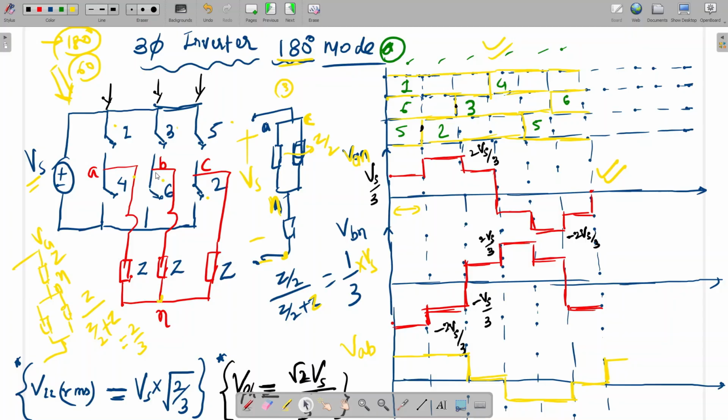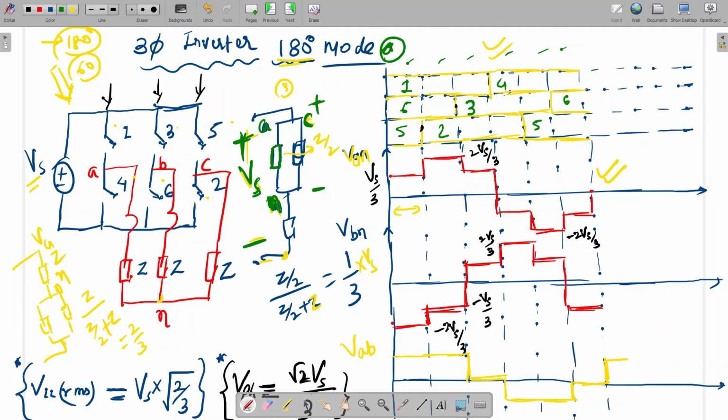But 6 means the B point will be connected to minus VDC. So this is minus, this is plus. The A point is here, the C point is here, and the N point is here. I want to calculate this VAN. Here plus and here minus, this voltage is Vs.